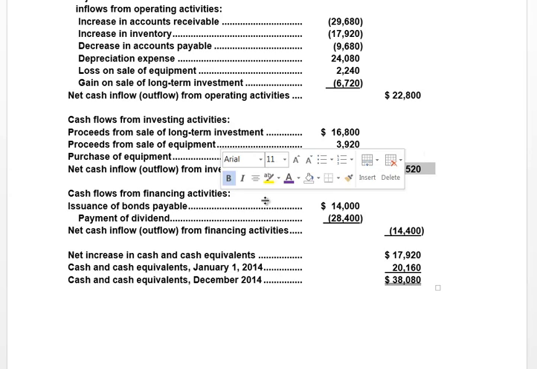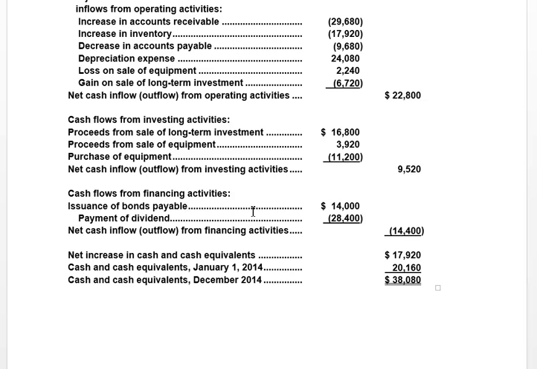Our financing activities, we had two. Now look at your bonds, because don't forget, we learned in a previous chapter that when bonds are issued, they're just another way of financing your business, because your investors give you cash and you issue a bond. So because we issue bonds, we can see here we did, because it tells us in the question that we issued $14,000 of bonds payable at face value.